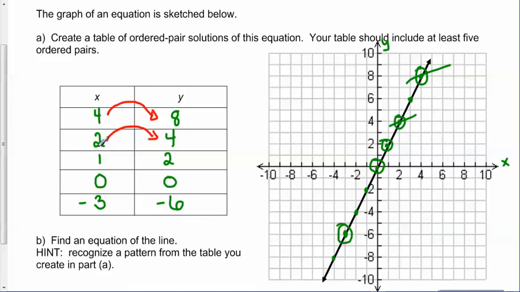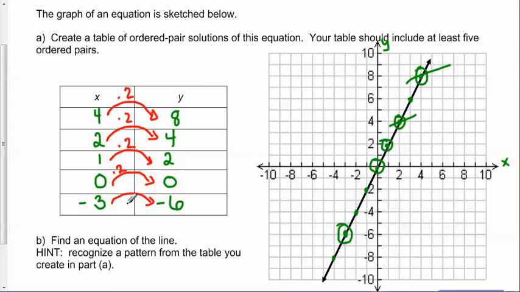Does that work here? If I take 2 and multiply by 2, I come up with 4. If I have 1 and I multiply by 2, I end up with 2. So notice each one of my x's is getting multiplied by 2. Let's make sure that holds for all of these. To get from 0 to 0, yep, sure enough, multiplying by 2 does that.